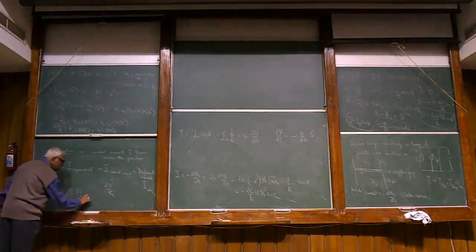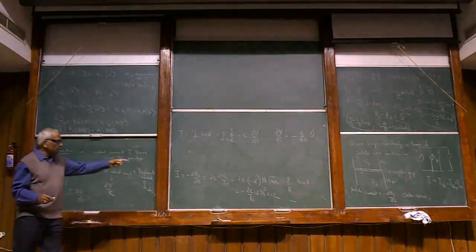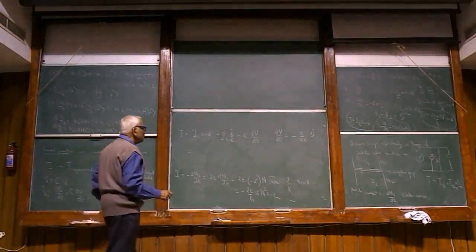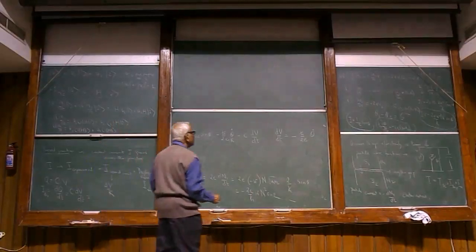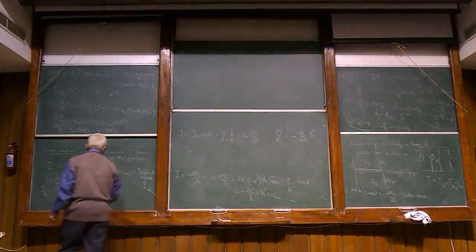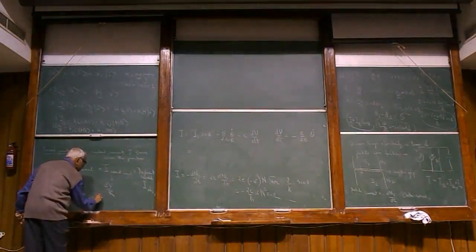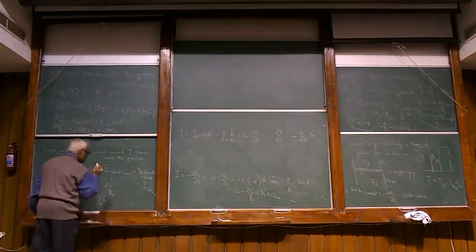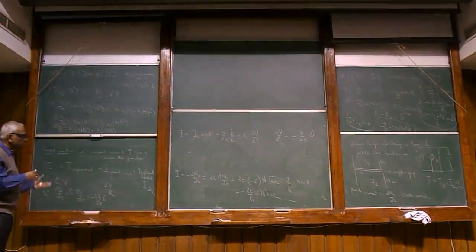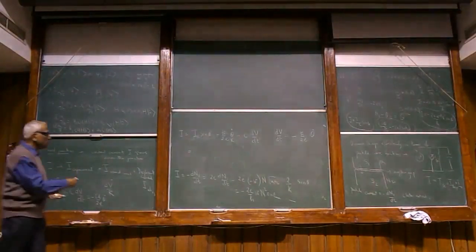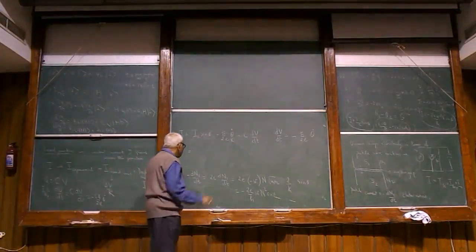which is equal to the current over here, which is h bar. So it is minus C h bar over 2e theta double dot. So that's the displacement current, which has to balance out this current over here. So no biasing.